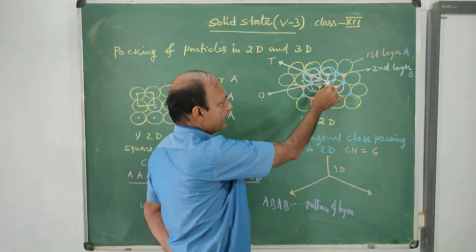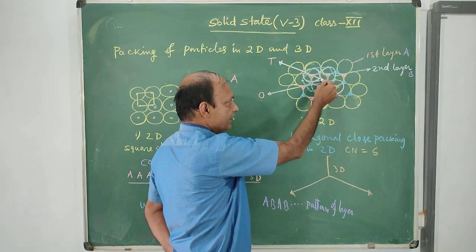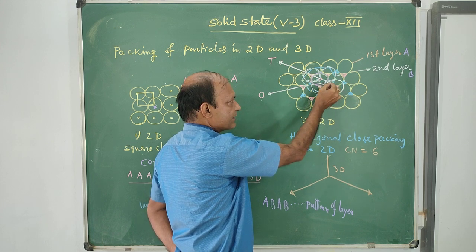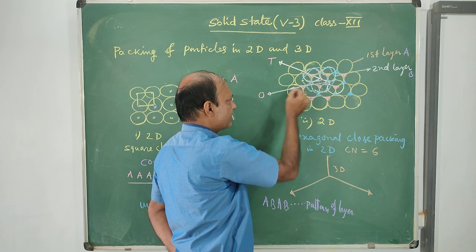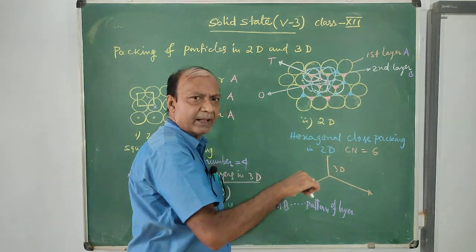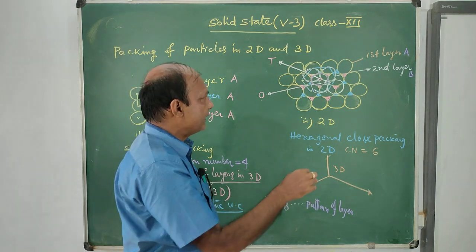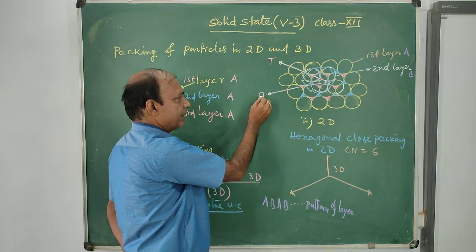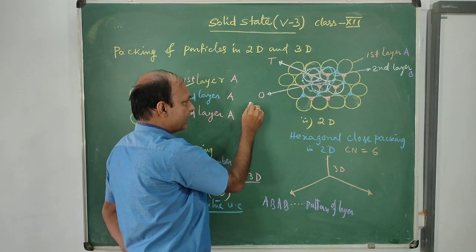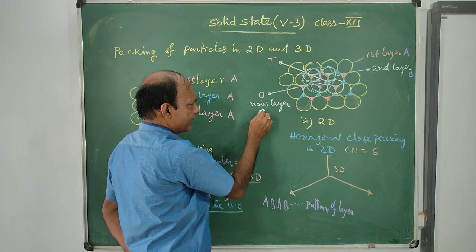Look at the figure carefully: the center of this particle is just above the triangular depression O. There is no particle below it whose center is lying exactly vertically below it. So it will be a new layer, and that's why when you are covering the third layer by putting the spheres on the depressions O, a new layer will be created, and that layer is denoted by C.